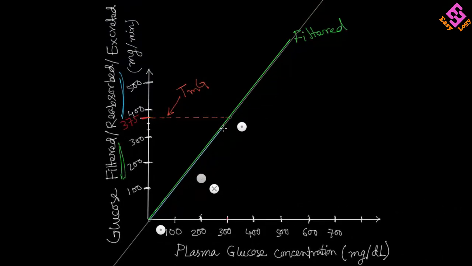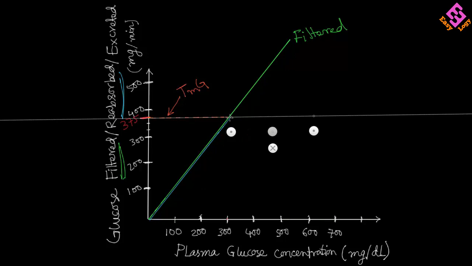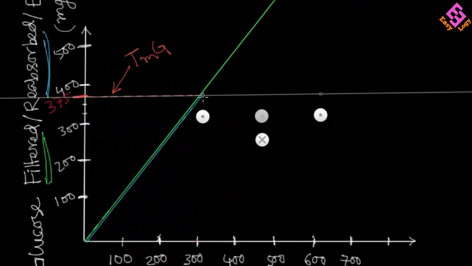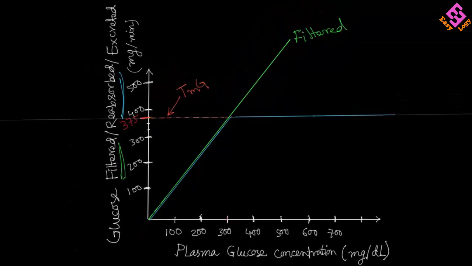Now the transport system gets saturated once it reaches the 375 mark, that is the transport maximum of glucose. So beyond that level, no further glucose reabsorption is occurring. The curve will now be horizontal to the x-axis, as there is no more reabsorption of glucose, as it has reached the transport maximum of glucose.